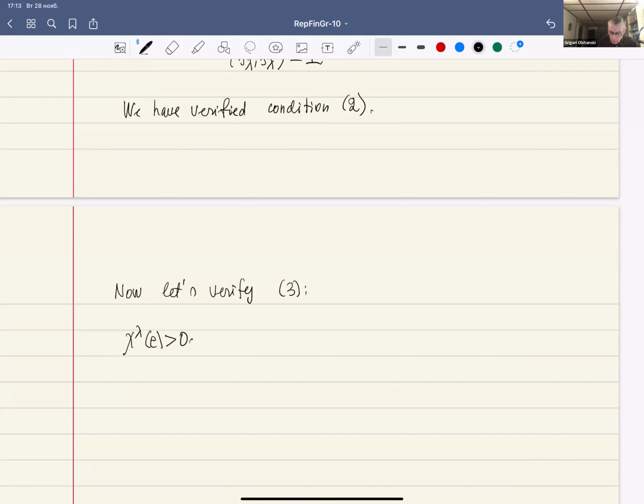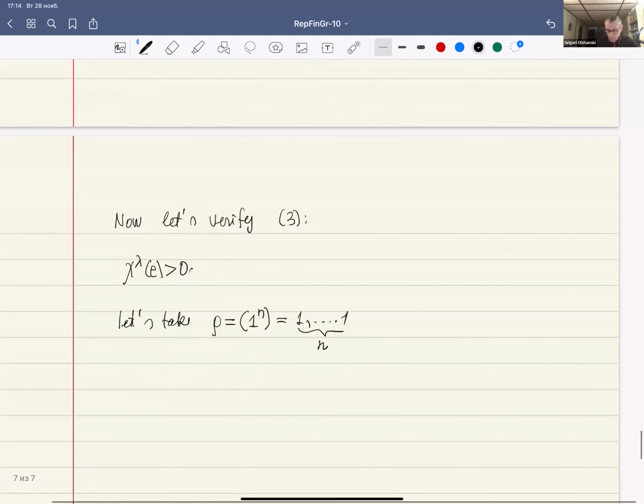Let's take rho, this particular partition, which means 1, 1, 1, n times. And I assume that lambda is a Young diagram with n boxes.